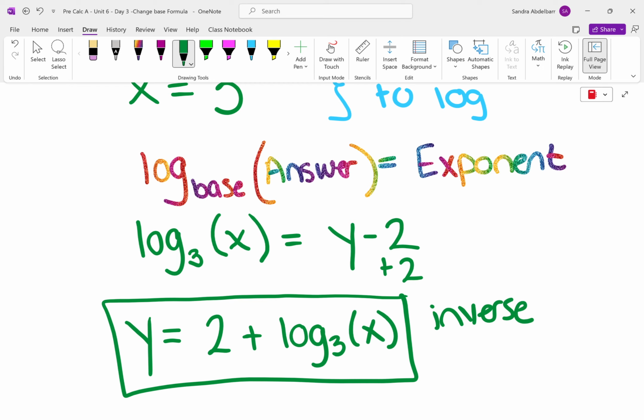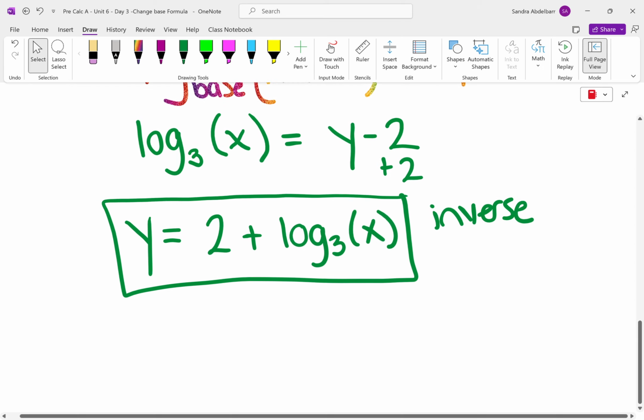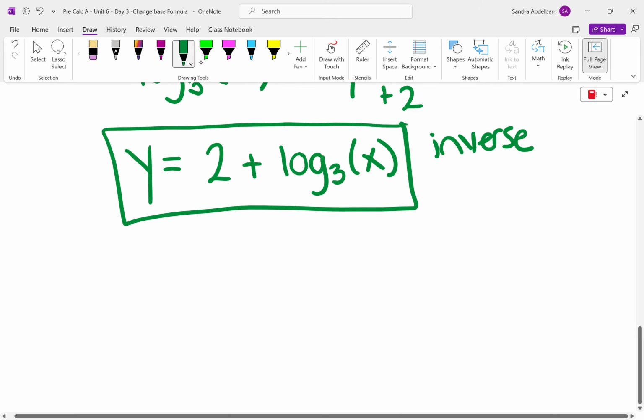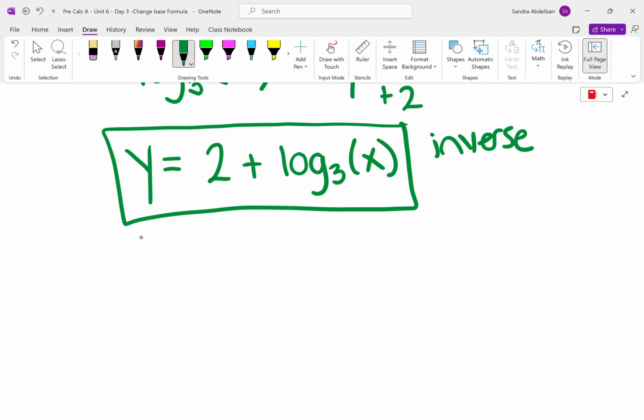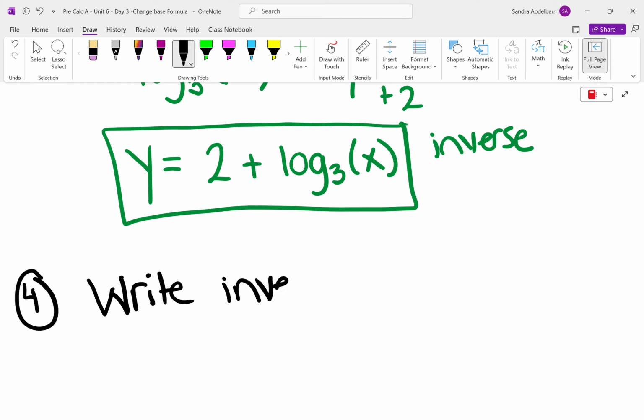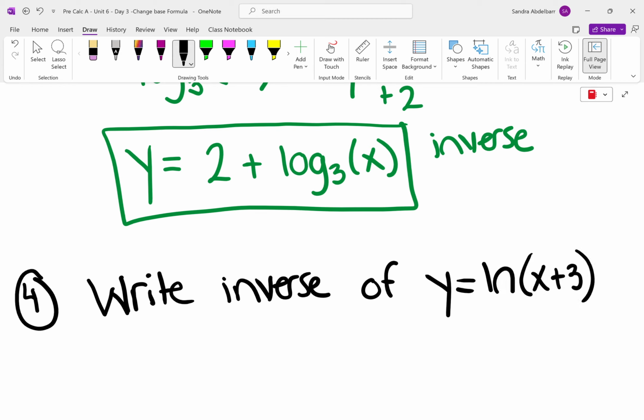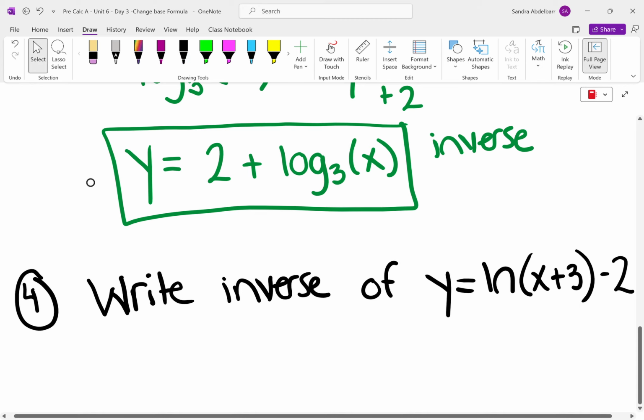All right, one more and then we're done. So I now want to write the inverse of y equals the ln of x plus 3, that's your argument, and then minus 2 outside of that.